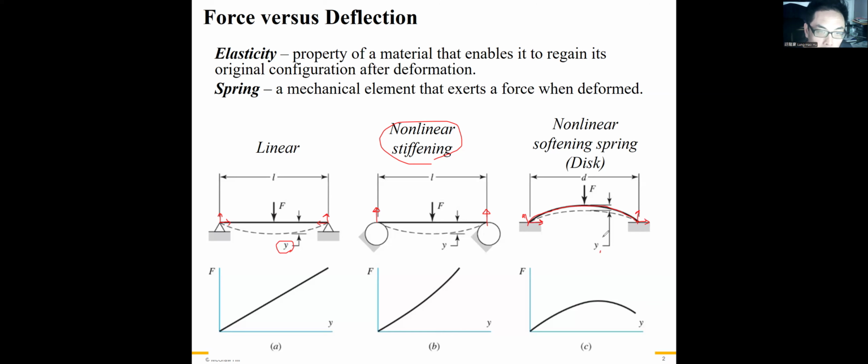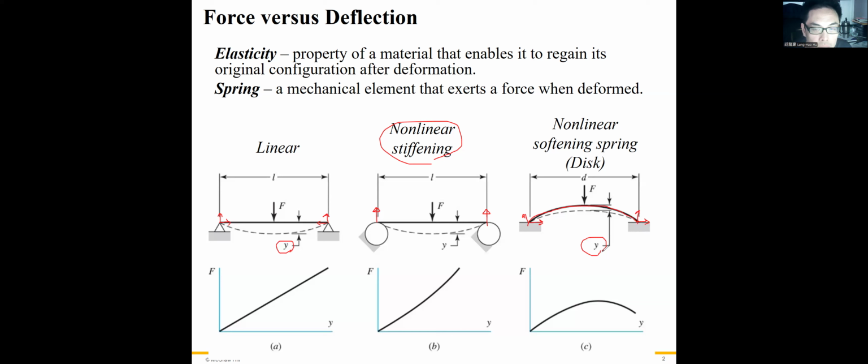And this deformation is basically nonlinear to the applied force. It is proportional to the applied force up to a specific elongation.